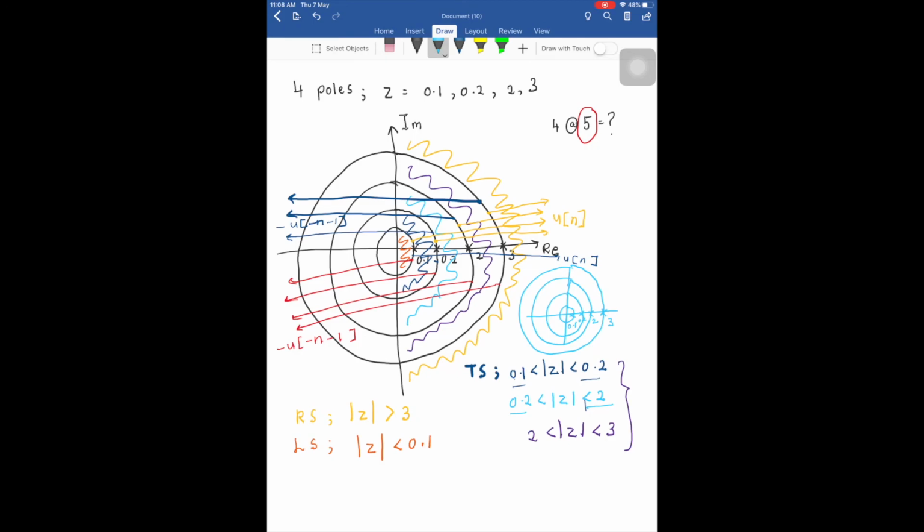So 0.2 and 2 at this part. The innermost pole will approach to right. 2 is your outermost pole, so it will approach to left. 3 also is outside the outermost pole, so it will approach to left. How about 0.1? 0.1 is inside the innermost pole, so it approaches to right.